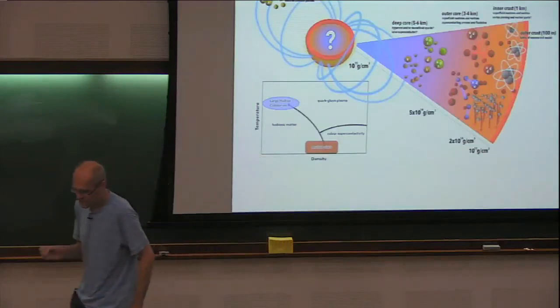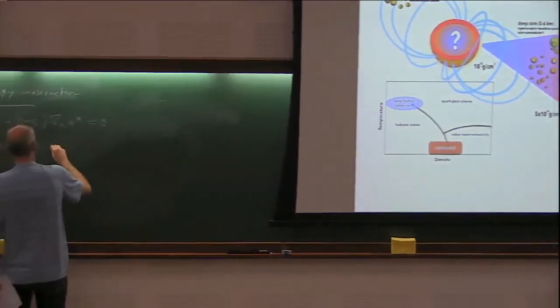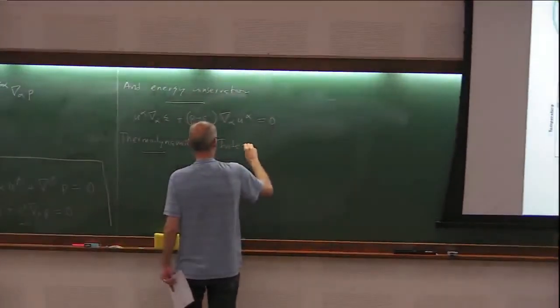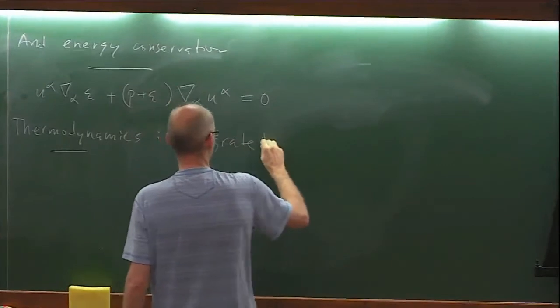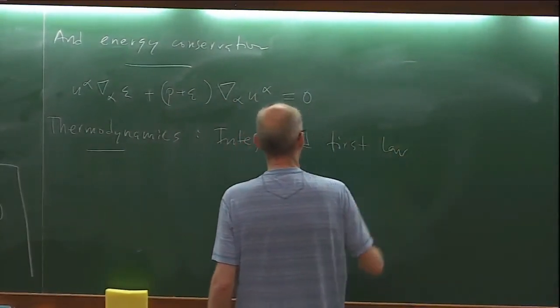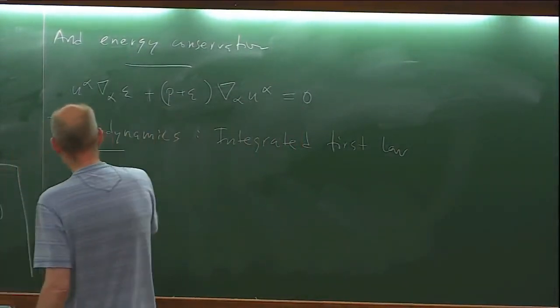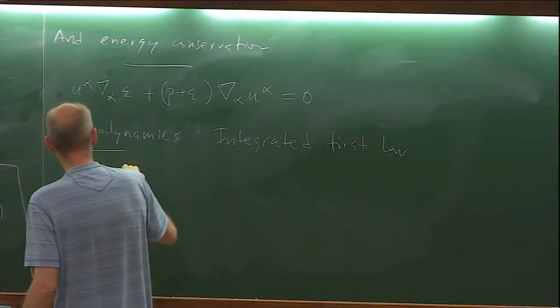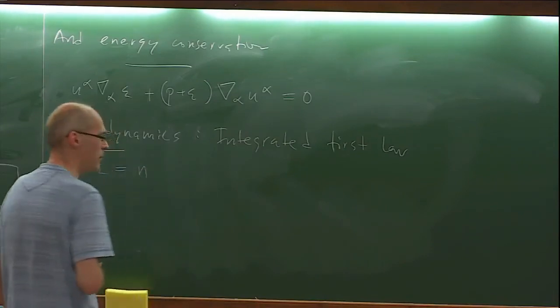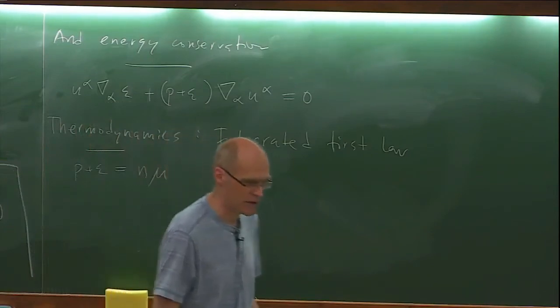Okay? So the way the exercise goes is I have something called the first law. But I've integrated it. And once I integrate it, it simply says that P plus epsilon is the number of particles times a magic quantity called the chemical potential mu.